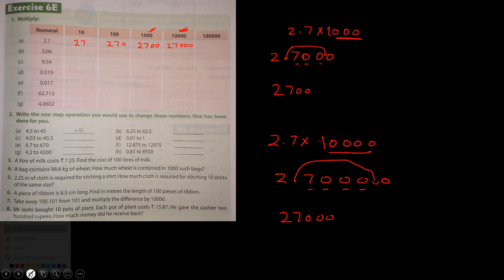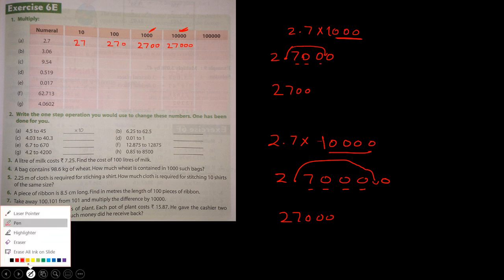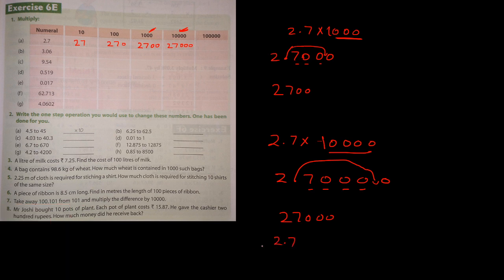Now what will happen if you multiply 2.7 by 1 lakh? How many zeros in 1 lakh? Five zeros, 1, 2, 3, 4, 5. So it will be 2.70000. The decimal will shift five digits, 1, 2, 3, 4, 5. The decimal will come here.